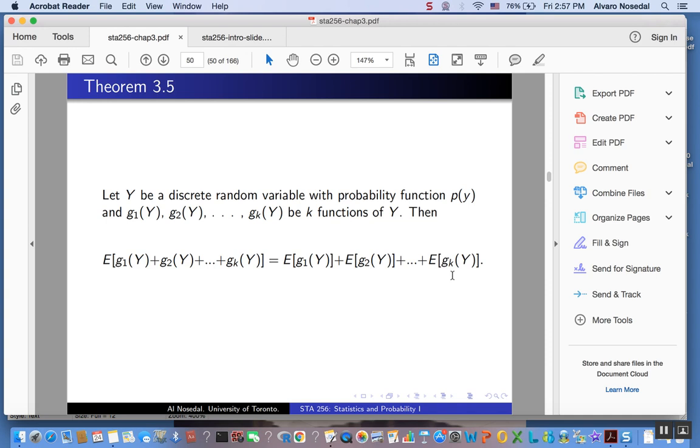Okay? Okay. So, what we're going to be doing is we're going to be showing theorem 3.5 for the case when k equals 2, when you have only two terms, right?